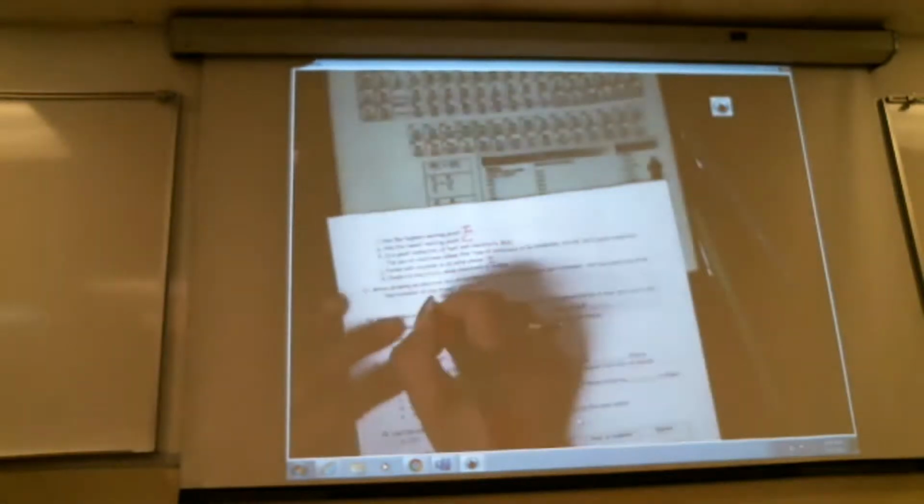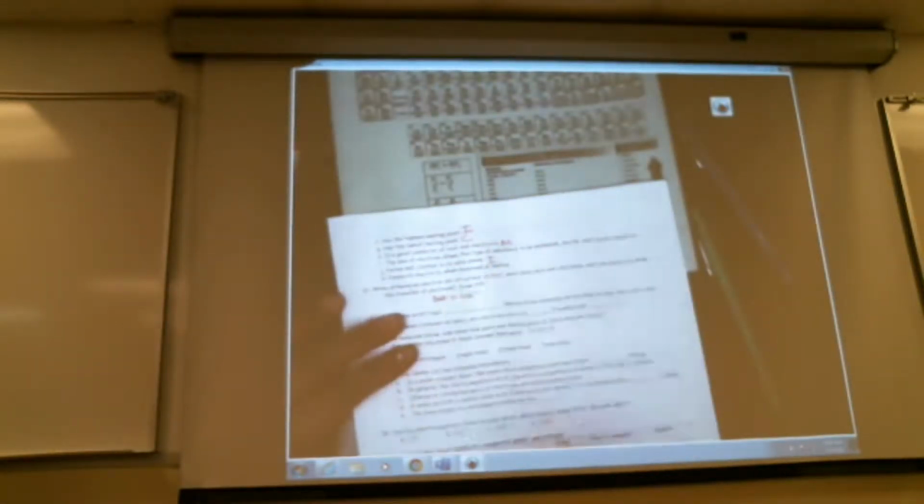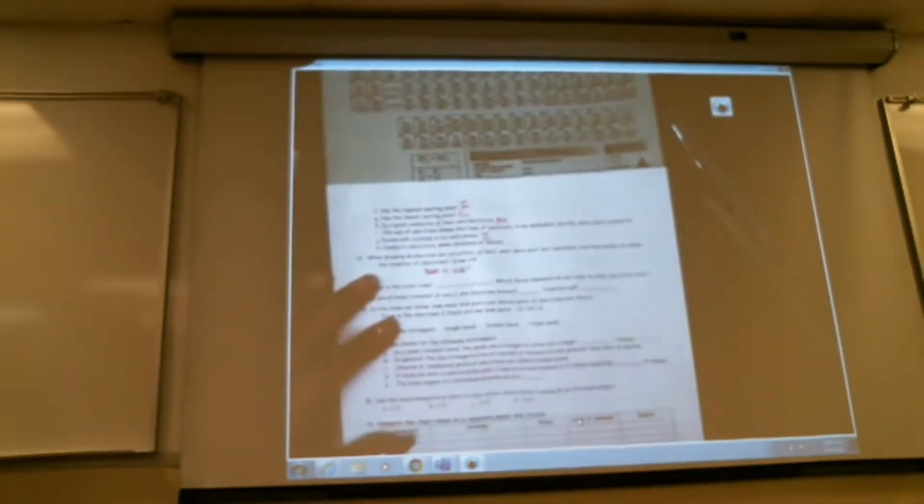When drawing an electron dot structure of NaCl, what does each dot represent? Each dot, I'm going to put right here, the dots equal the valence electrons, not just the electrons. Don't use that word, it's valence electrons.